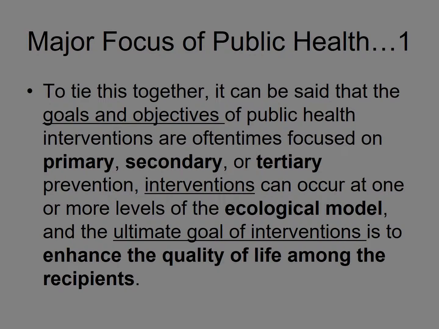So as the slide says, to tie this together, it can be said that the goals and objectives of public health intervention are often focused on all of these types of interventions: primary, secondary, tertiary. Interventions themselves can occur at one or more levels of the ecological model.